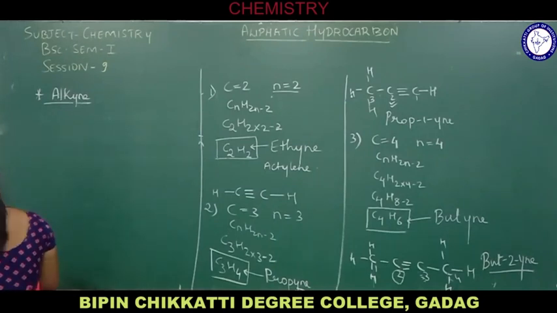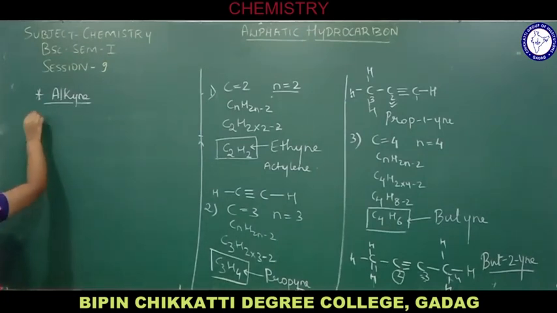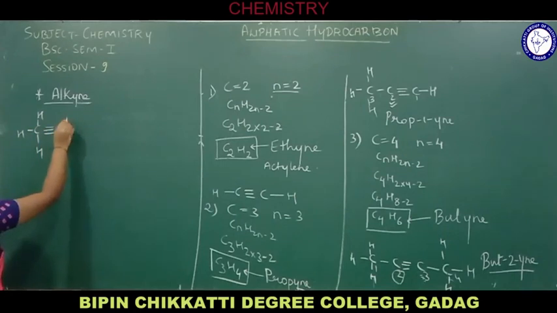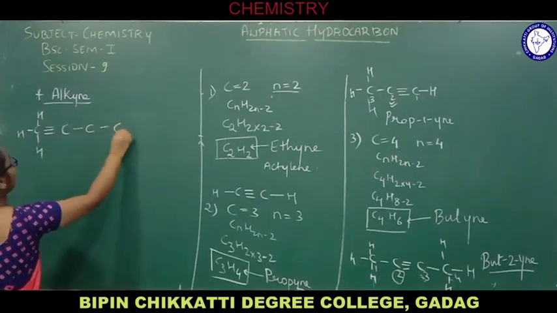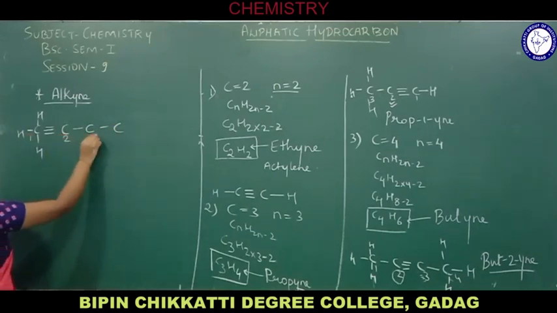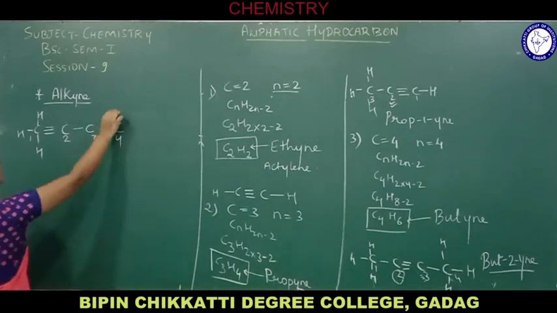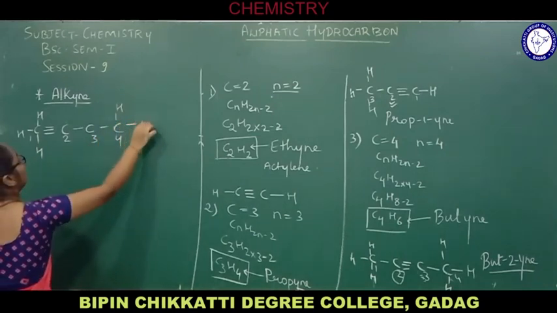With the same molecular formula, if the triple bond is present between carbon number 1 and carbon number 2, let's see how it will be. This is carbon number 1, 2, 3, 4, and the bond formation will be such that the terminal hydrogen will get this.